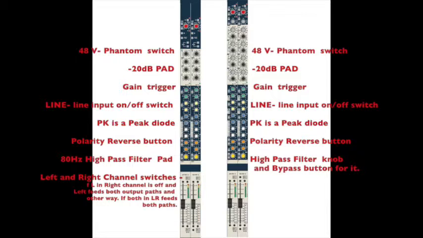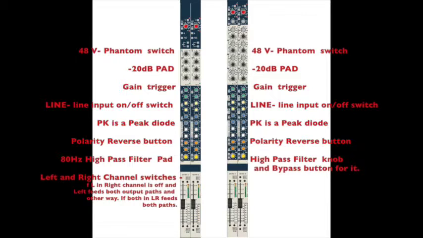We've got the gain trim, which allows us to add or take off some gain. We've got line, which is a button that applies the line input into our strip, or if it's off, the signal flows through our strip from the XLR input.